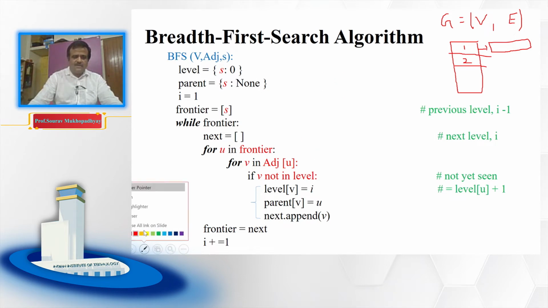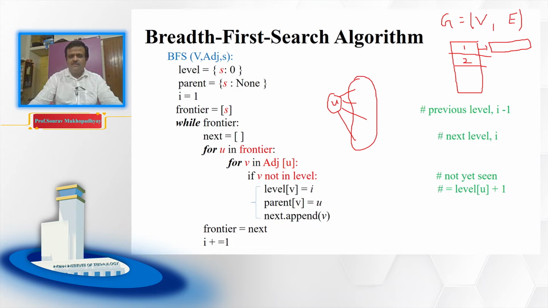So, this is our U, and we consider all the vertices which are in the adjacency list of U. Now, U is labeled, I mean initialized, by 0. If it is S, then this is labeled by 0.